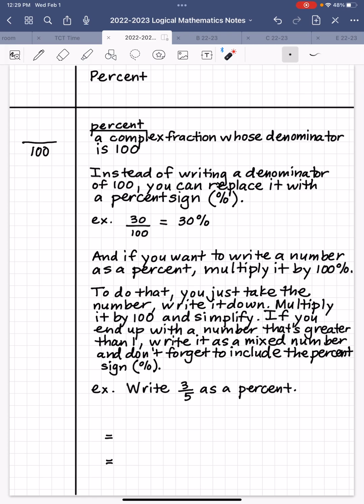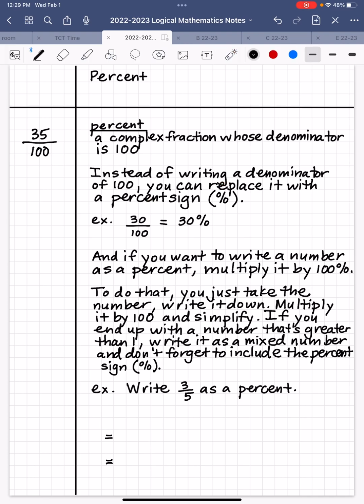Now, if we don't want to, for example, write 35/100ths as a fraction, we want to write it as a percent. Well, we think of this right here that tells us instead of writing a denominator of 100, you can replace it with a percent sign.